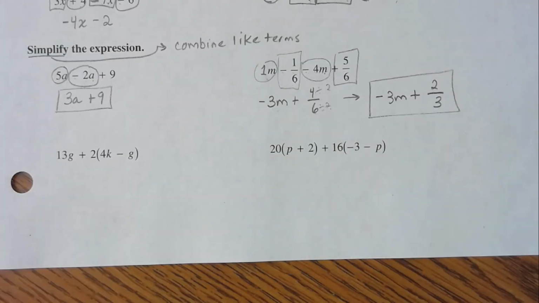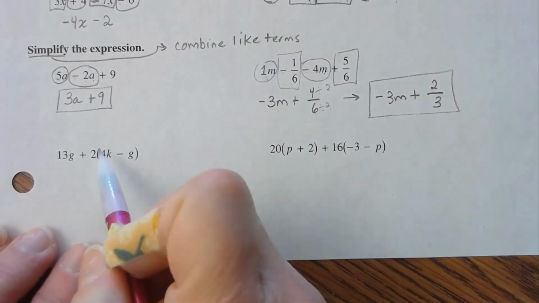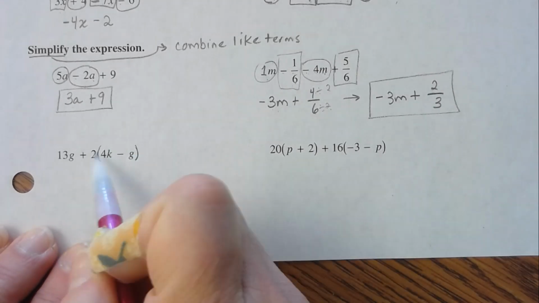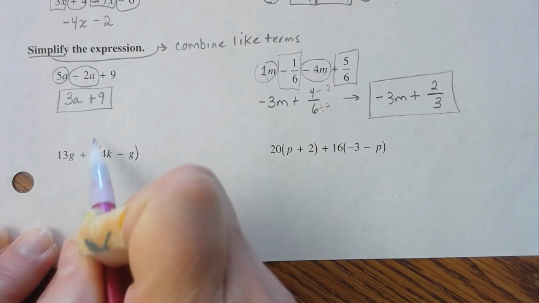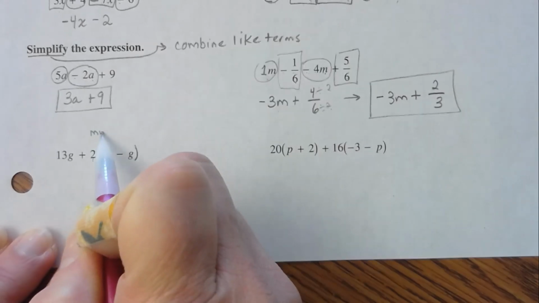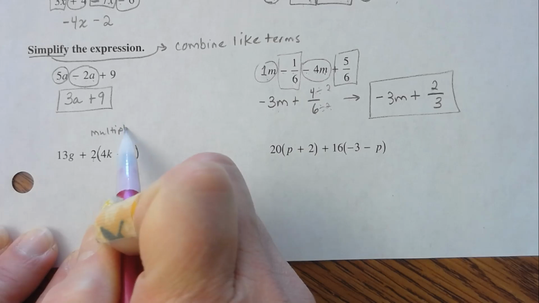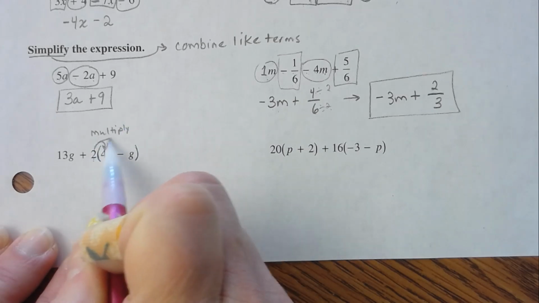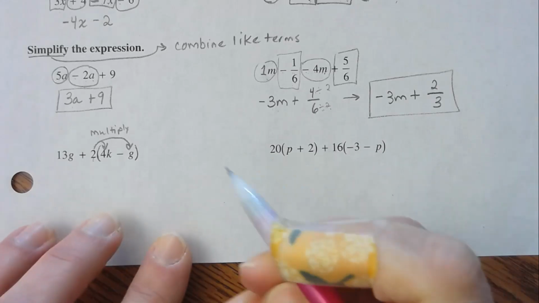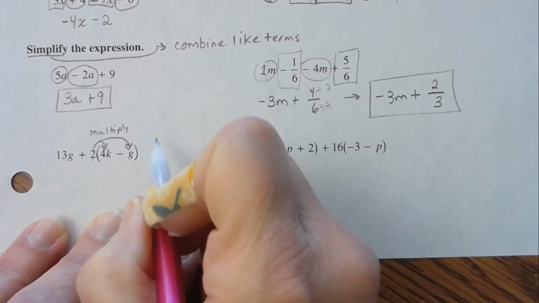Last 2. These are different. Notice there's parentheses here with a 2 out front. Remember, this means multiply. We're going to multiply 2 by both terms. This is called the distributive property.